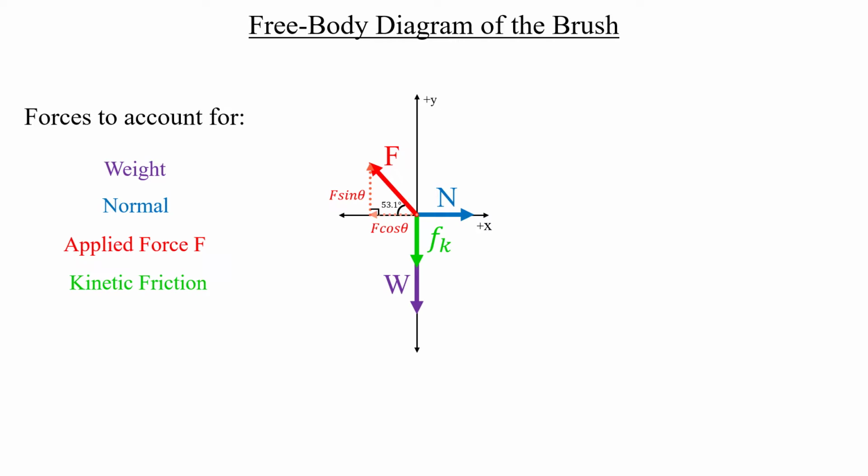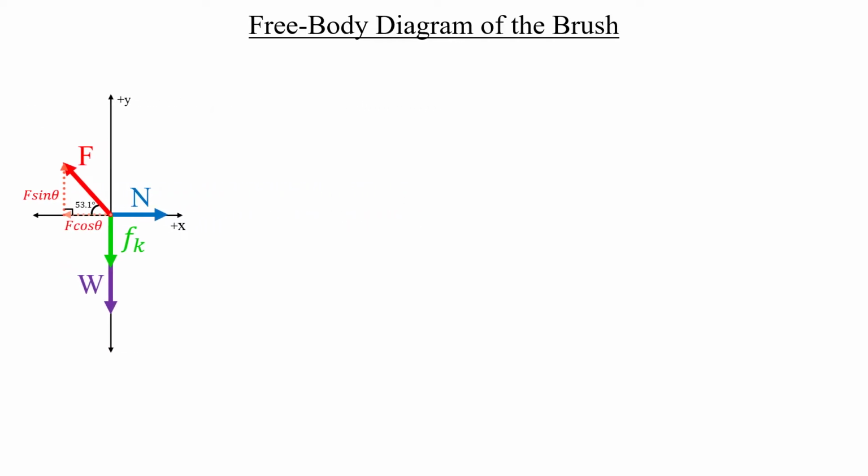Now we're set to jump into the realm of Newton's second law. Let's go ahead and do that. We'll move all this off to the side and we'll bring F equals ma into the picture. Starting with the x direction, we have the normal force, the force of the window pushing back on the brush. That acts in the plus x direction, so that's our positive term here.